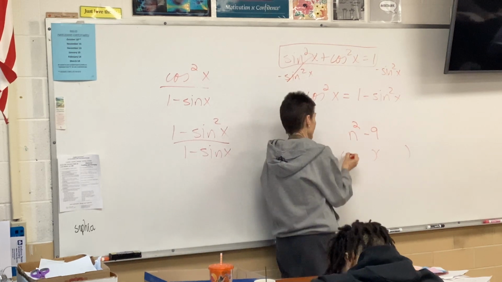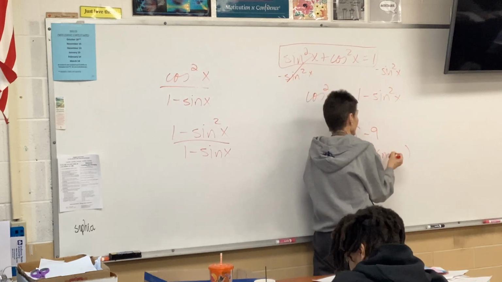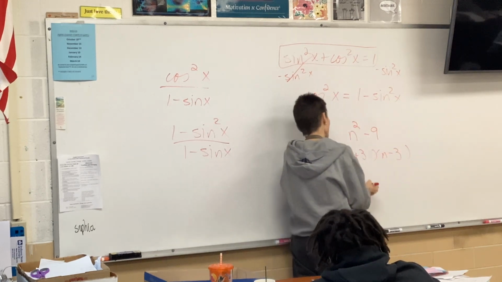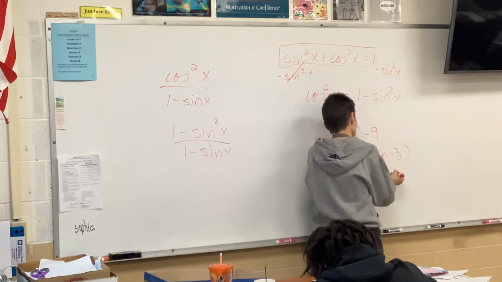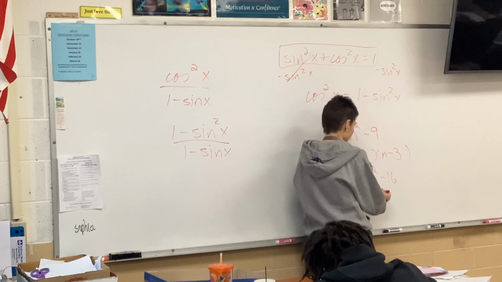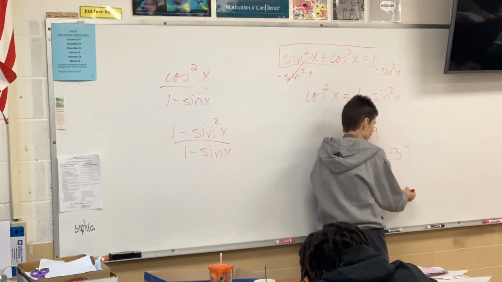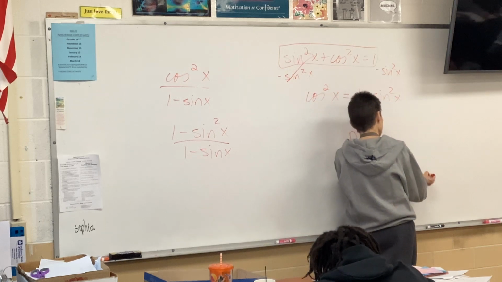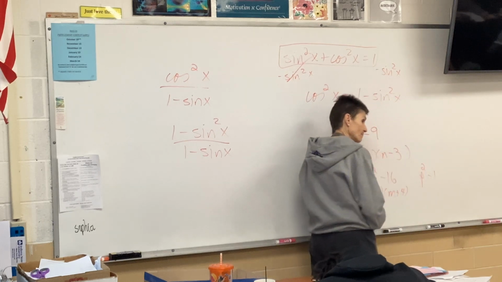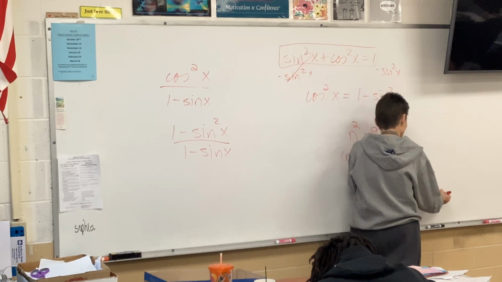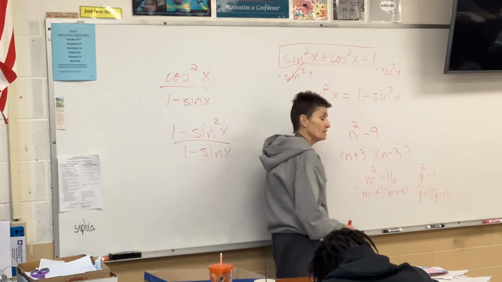M plus 3 and m minus 3. We call it the difference of squares. So if we had m squared minus 16, that would be m minus 4, m plus 4. And if we had p squared minus 1, p plus 1, p minus 1, right? We could do that all day.